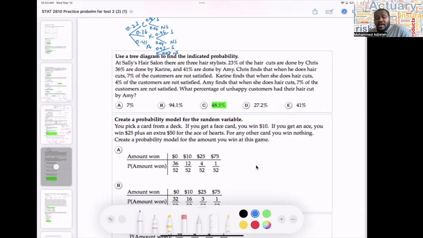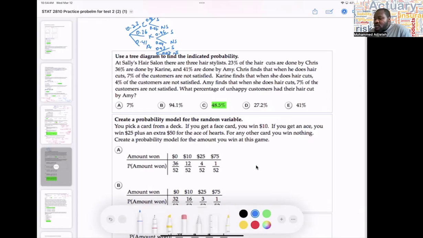And then we are asked to find what percentage of unhappy customers had their haircuts by Amy. The first thing we want to find is the percentage of unhappy customers. So we are going to find you're unhappy given that your hair is done by Chris, your hair is done by Amy, your hair is done by Karen.